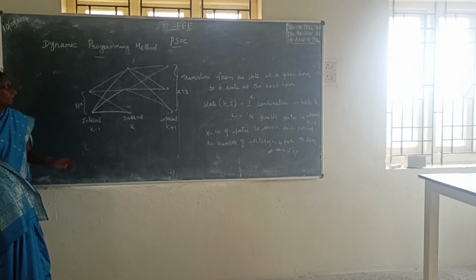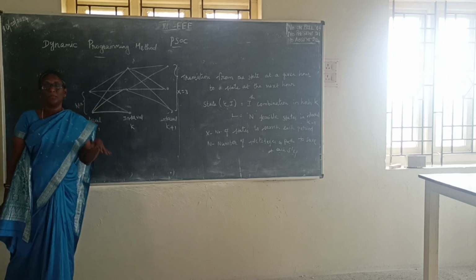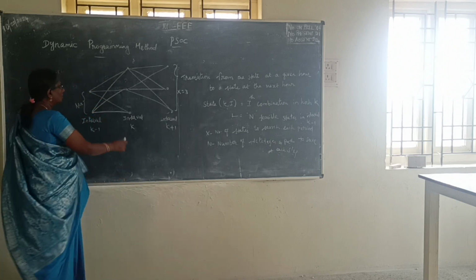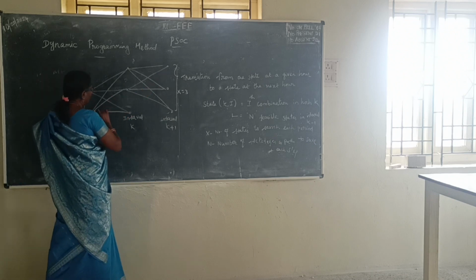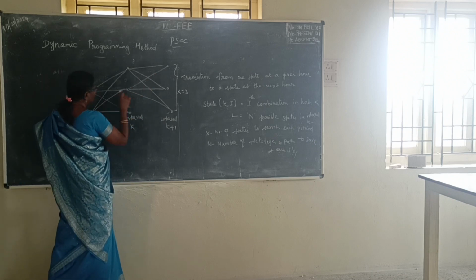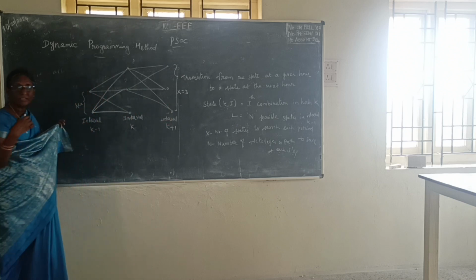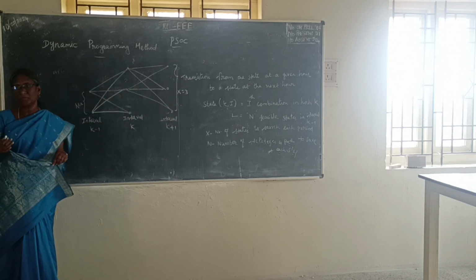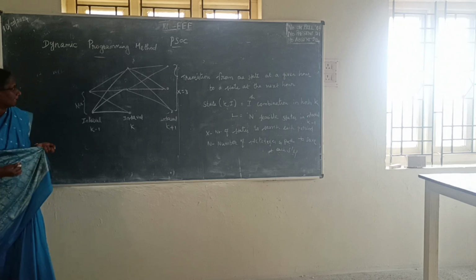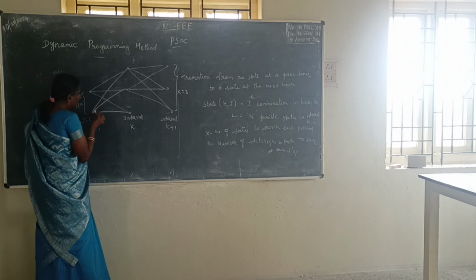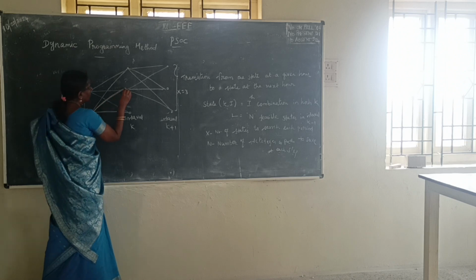Then by using all the paths, we can say which path is the feasible one. Suppose we reach this one, whether this one is feasible or this one is feasible, by using manual calculation we are going to find that out.